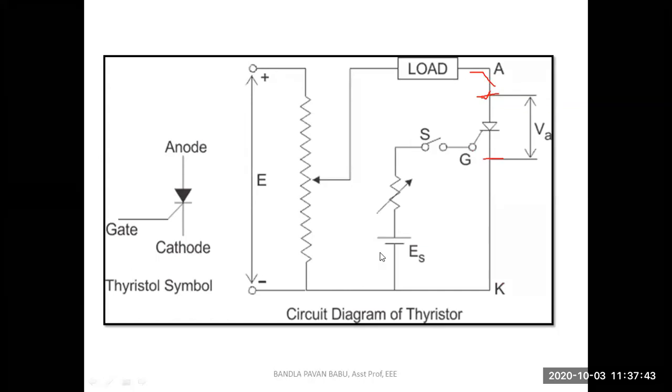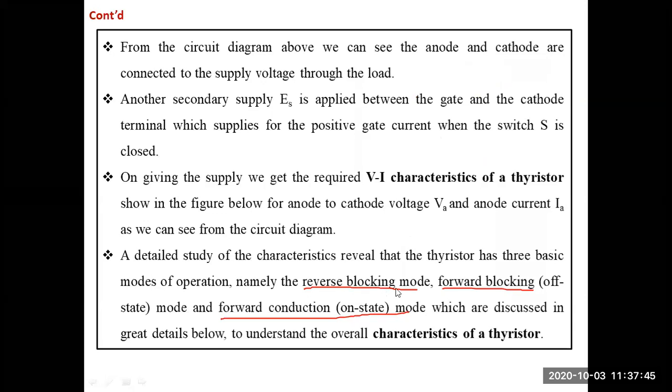Forward blocking is also an off state, and forward conduction mode is considered as an on state. So two states are off states and one state is an on state. In the off states, forward and reverse both exist.